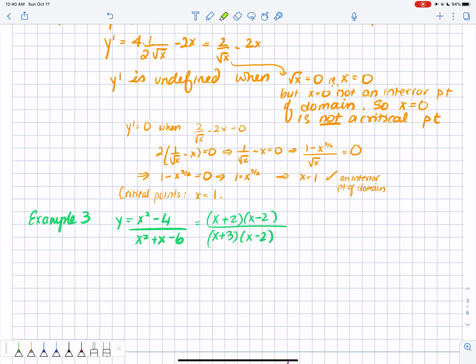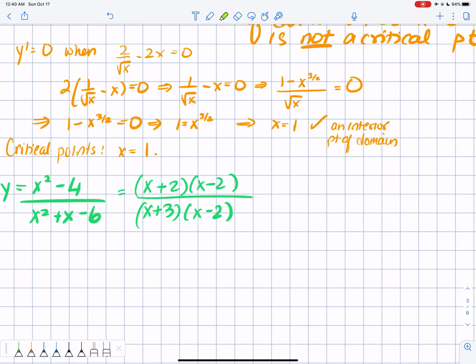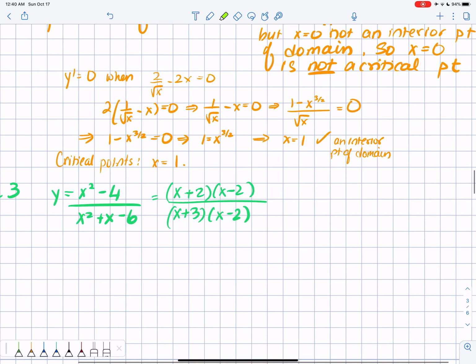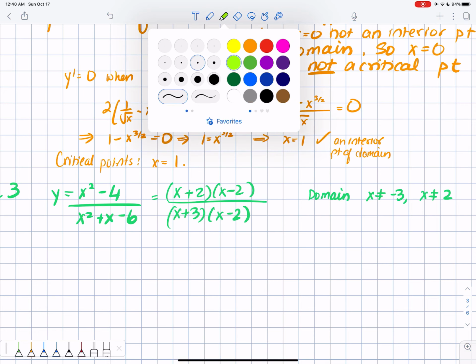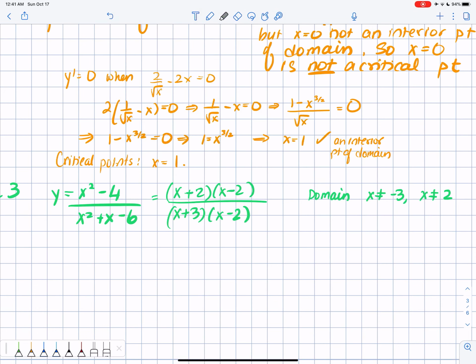Okay, so just looking at this, what is the domain? The domain will be x not equal to negative 3 and x not equal to 2, right? Even though you can cancel x minus 2, x equals 2 is still not in the domain because it's in the denominator. There's a hole, a discontinuity, at that point. But in any case, for finding the derivative, it'll be simpler to just cancel these terms.